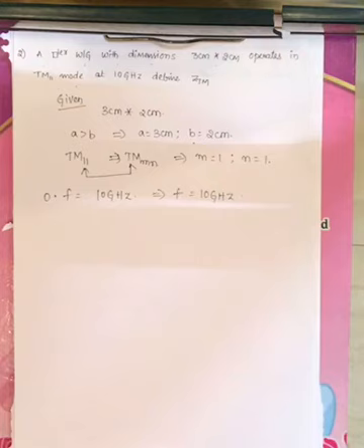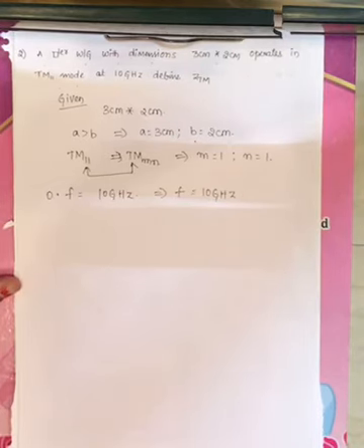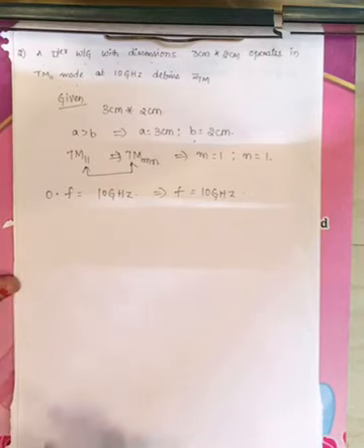If they mention operating frequency, you have to consider that value as f, which is given as 10 gigahertz. Now these are the given values: f, m, n, a and b are given.